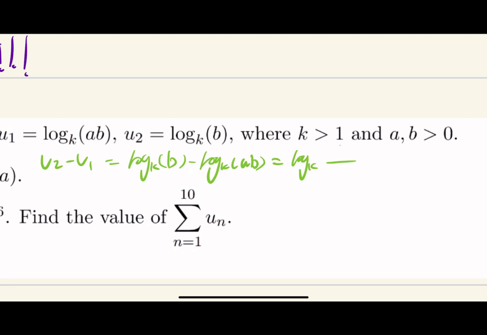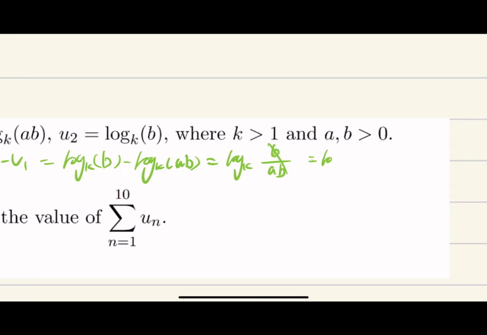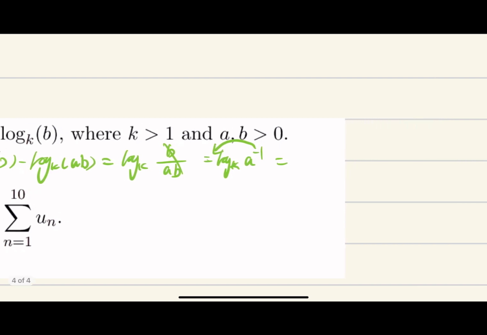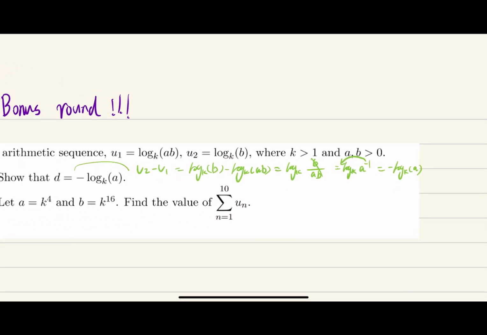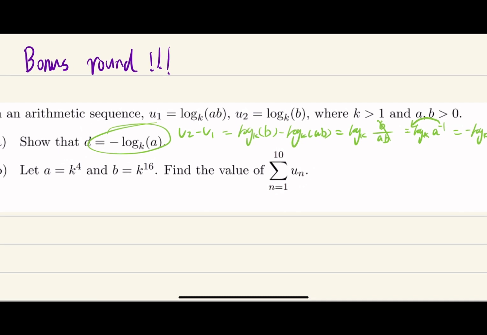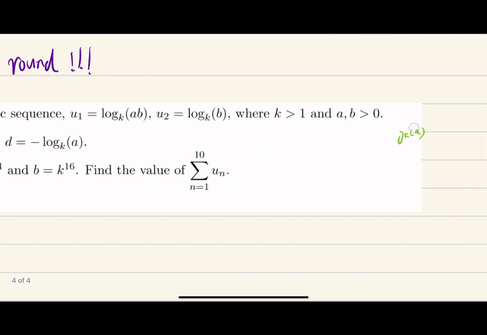So b over ab, we cancel out a b, so that will be log k, a to the power of -1. You move the -1 to the front, and then there'll be negative log k a. Is that the answer? Yes, that is our answer. Okay, let me erase this. Too messy. Okay, the next one.